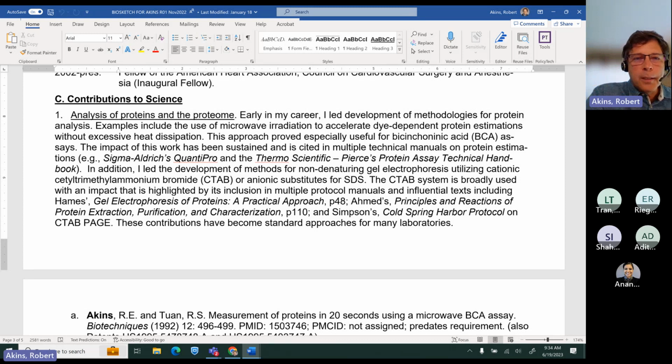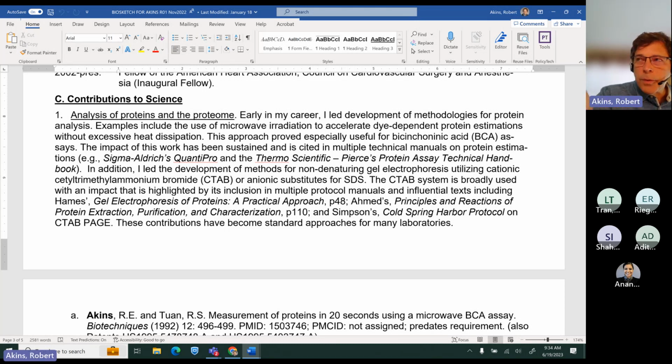I was lucky enough to work on projects to develop methodologies for protein analysis and a lot of computational work. So I just summarize what I did. I actually led those things, including two that became patents. So those are things I highlight, and then I put in what the impact has been.